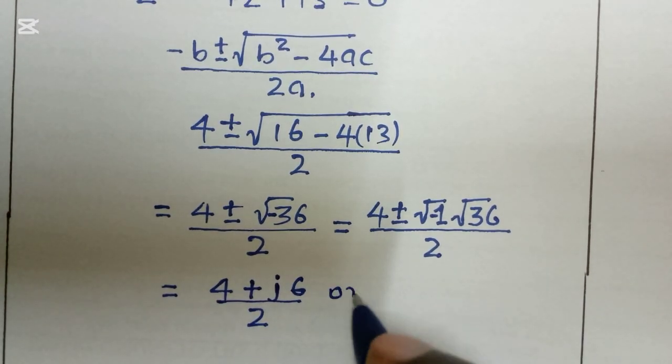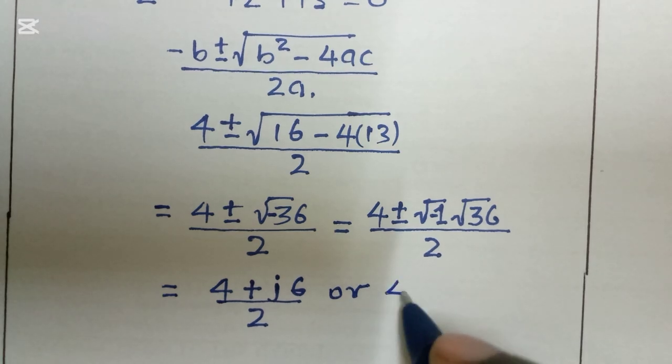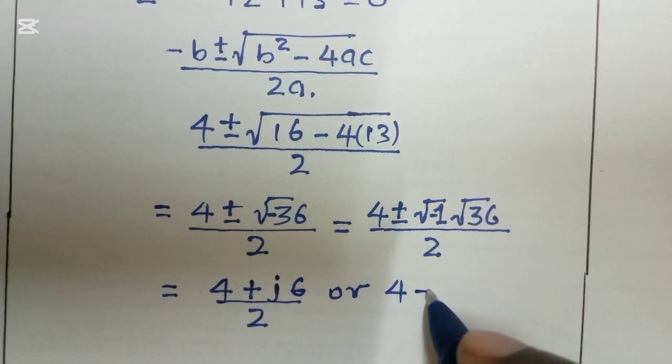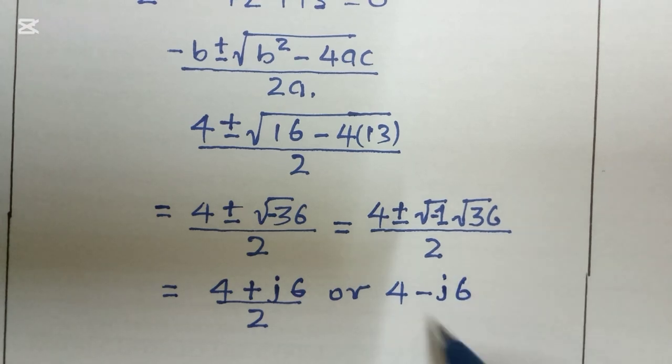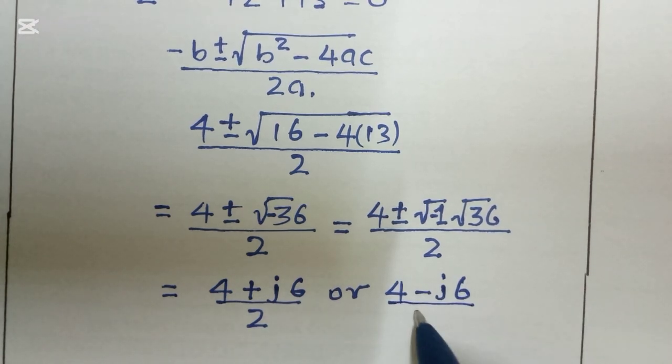Or 4 minus j square root of 36, which is 6, divided by 2.